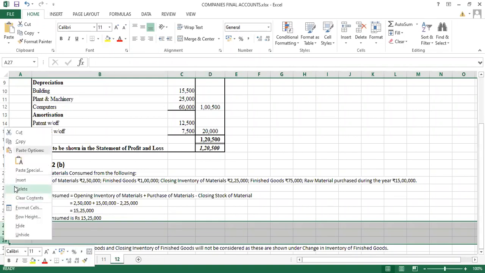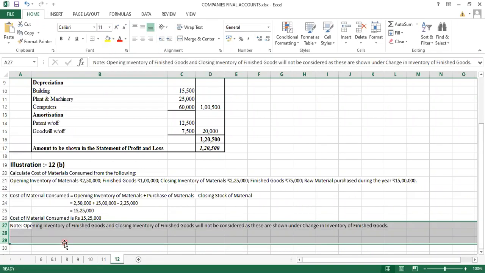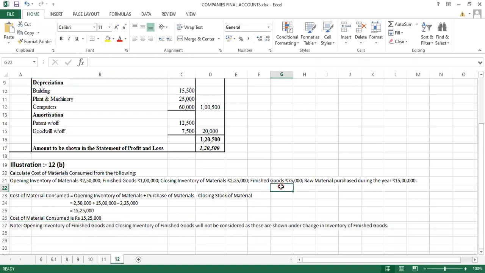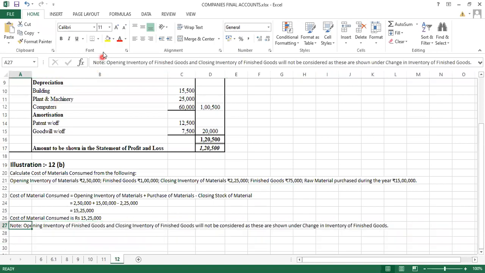For this purpose, let's write down the note that opening inventory of the finished goods and closing inventory of the finished goods is not considered, or it won't be shown under the change of inventory of the finished goods. Very important, as I have told you. This line is very important.